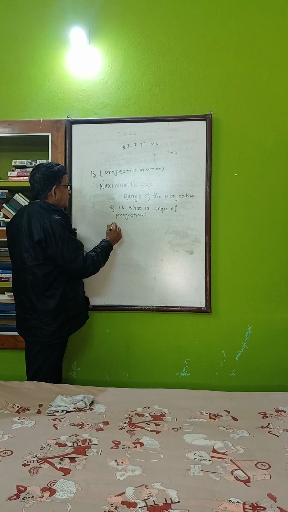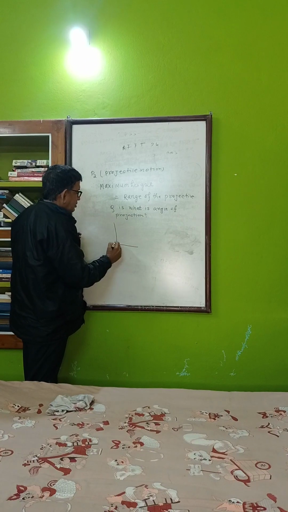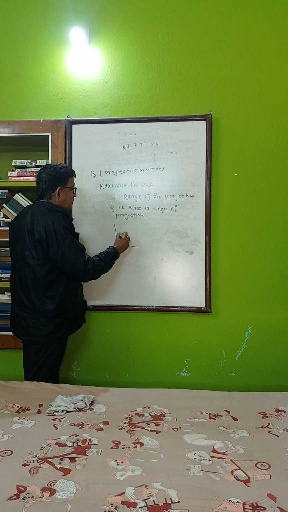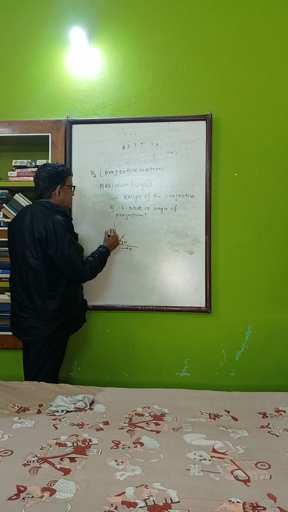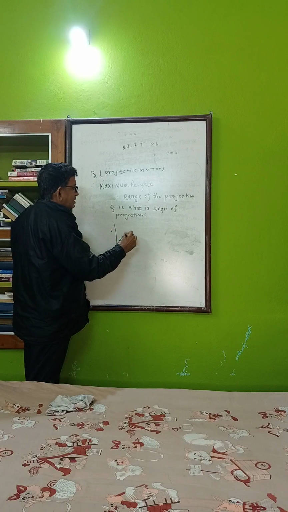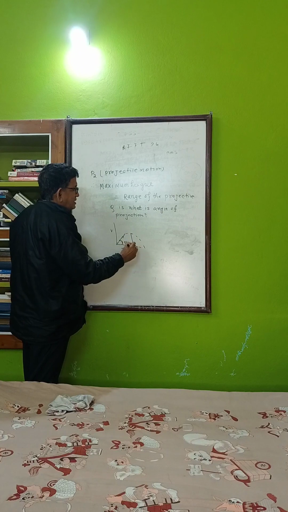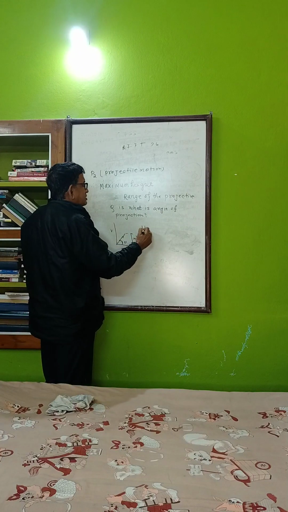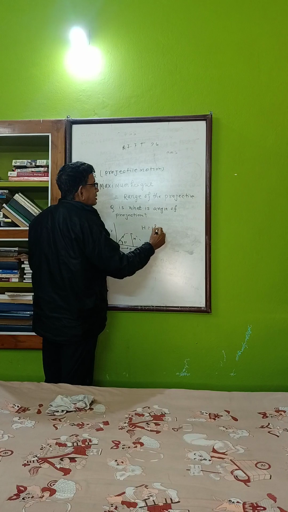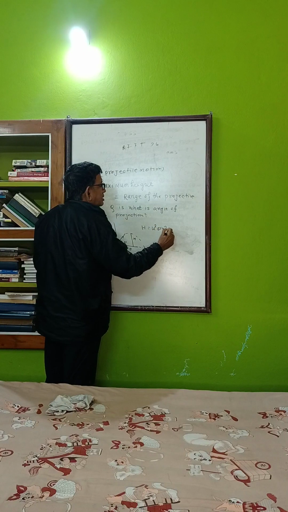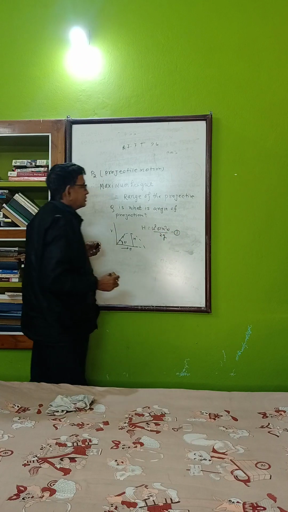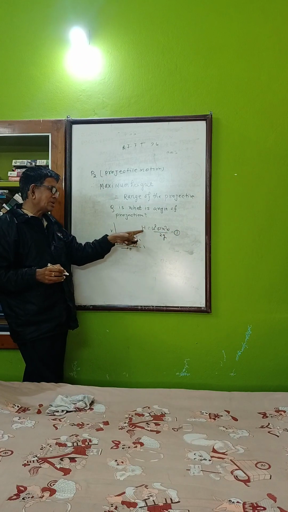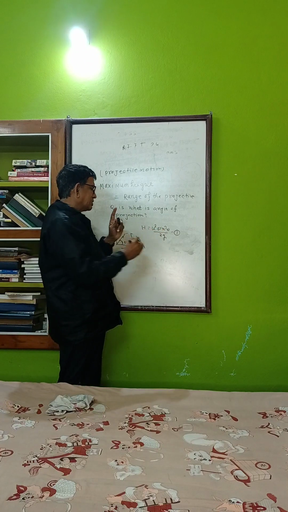You know, if you throw a particle making angle theta with horizontal direction, then maximum height h equal to u square sin square theta by 2g. Equation number 1. Maximum height for this projectile h equal to u square sin square theta by 2g.